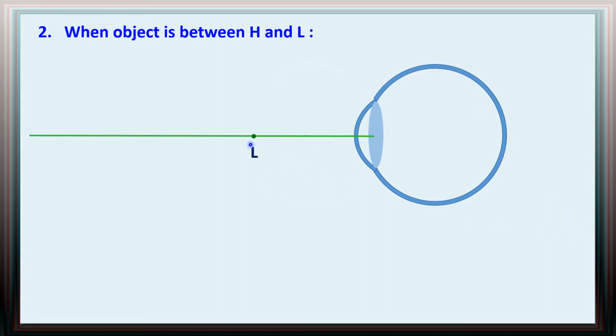L is the point of least distance of distinct vision, H is the near point. Now I am going to place the point object between H and L, somewhere here. So O is the point object. Now again its image will be formed behind the retina only.